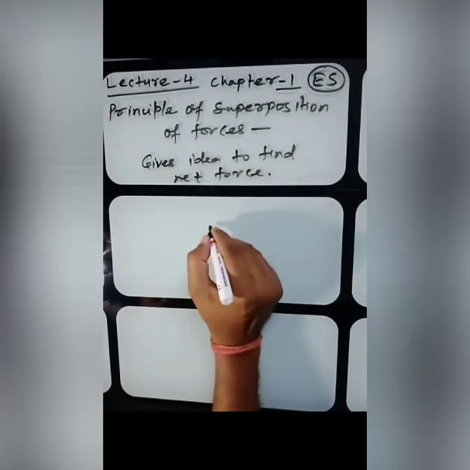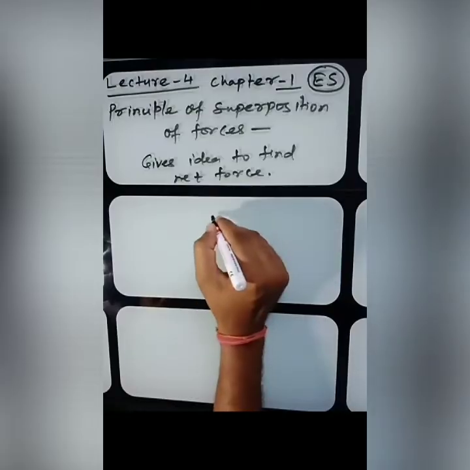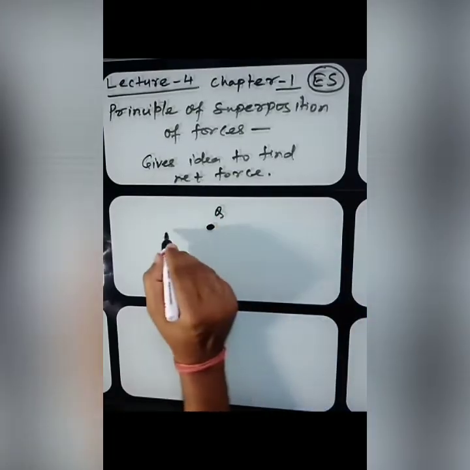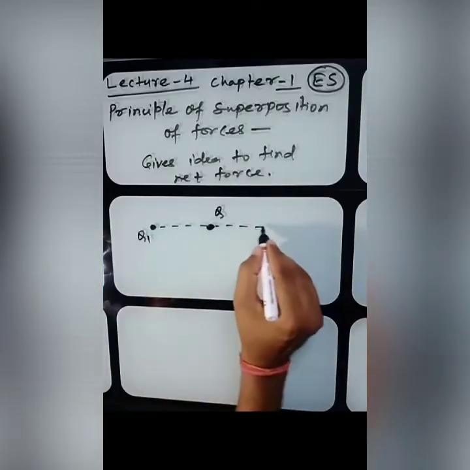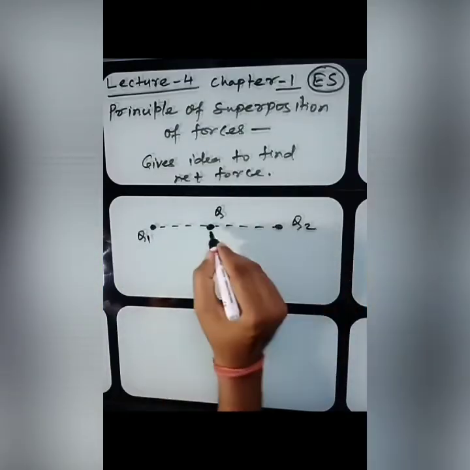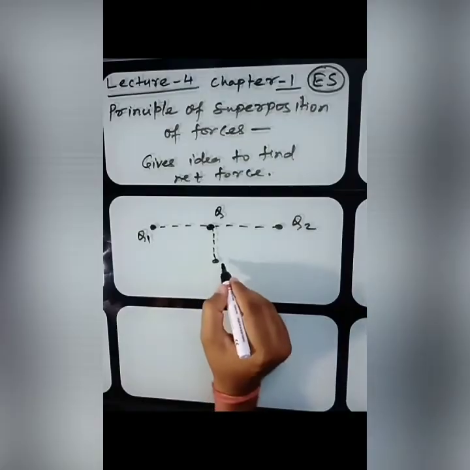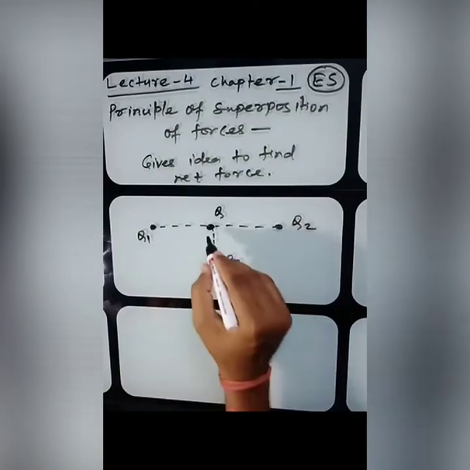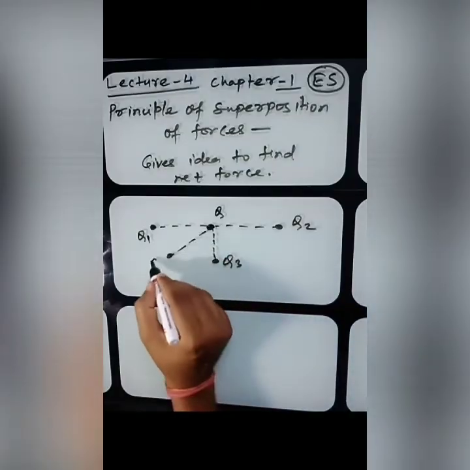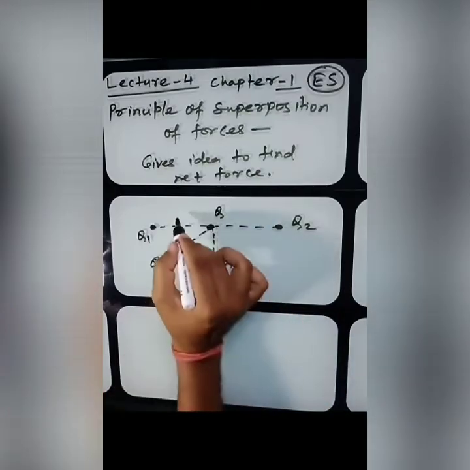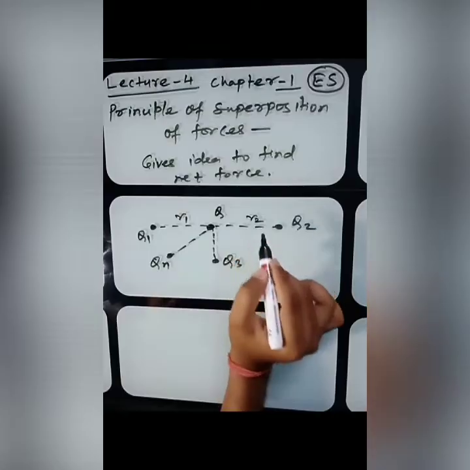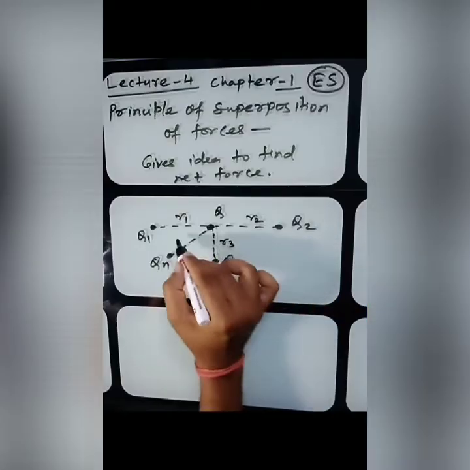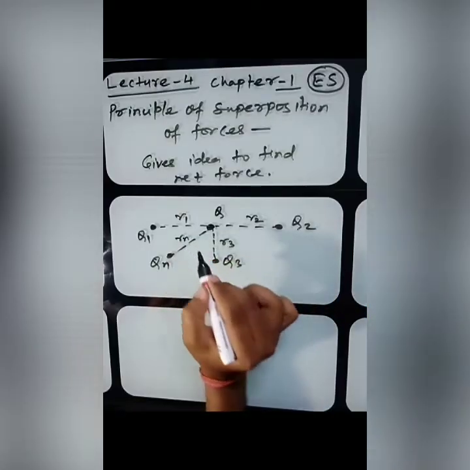For example, suppose we are having a charged particle, say Q. The number of charges are placed as Q1, Q2, Q3, Qn, all separated by different distances R1, R2, R3, and Rn.